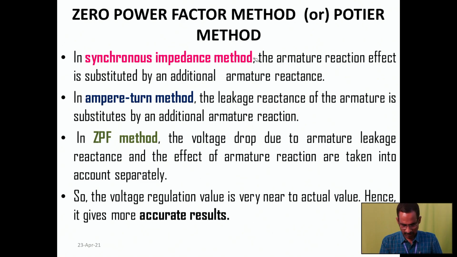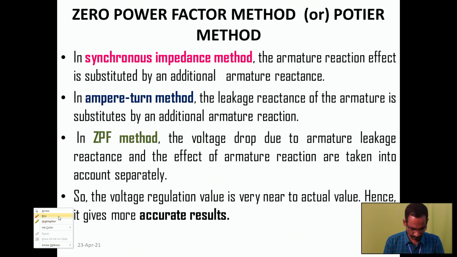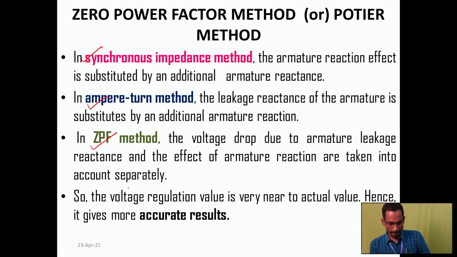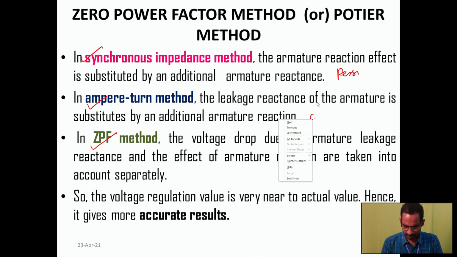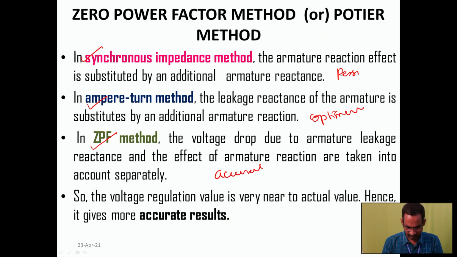One is the synchronous impedance method. Another one is the ampere turn method. Next one is the ZPF method. The first is called the pessimistic method. The ampere turns method is called the optimistic method. The ZPF method is the accurate method.